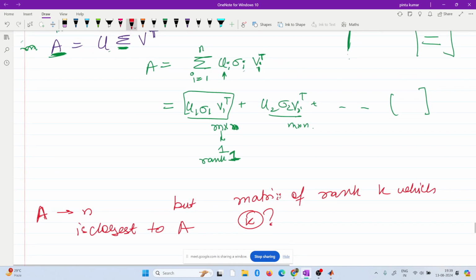It is similar to spectral decomposition. You had the same terms in spectral decomposition; in singular value decomposition, you have different terms here.